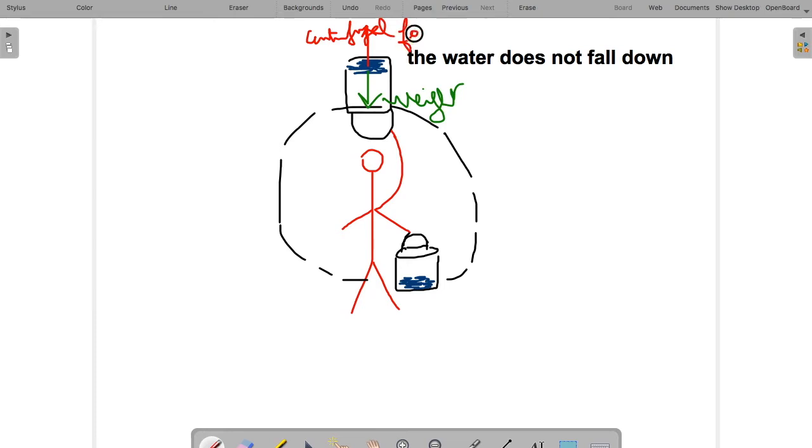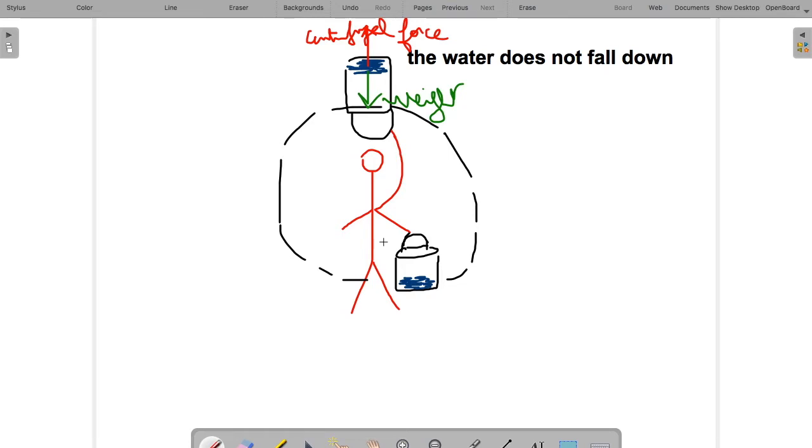Well, this force maintains, because of the rotation, the water inside the bucket. Now, if there is no rotation, so if the guy just simply holds the bucket of water on top of his head, he will get wet, because the water will just fall down under the effect of its weight. Now, this is a centrifugal force.